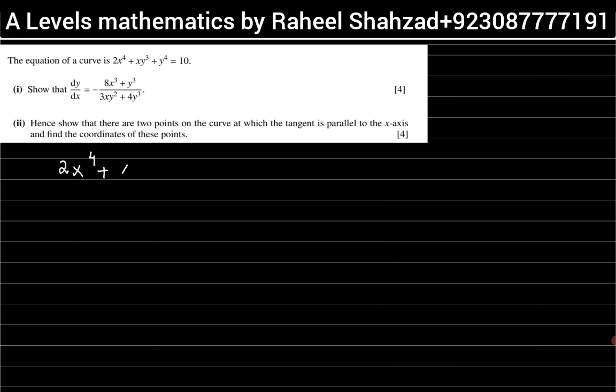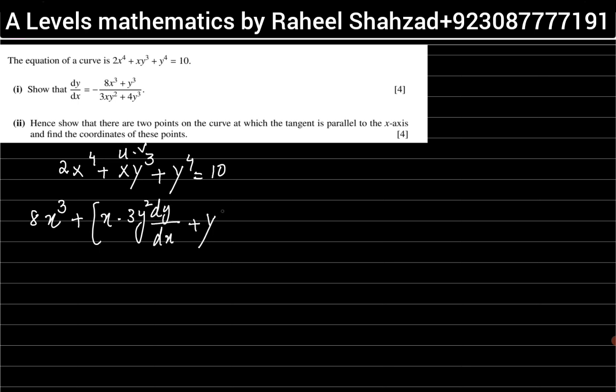2x4 plus xy cube plus y4 is equal to 10. Okay, now you differentiate it, that makes it 8x cube plus. Now we are going to apply the product rule here, u dot v. First function as it is, derivative of second, that makes it 3y square dy by dx, plus y cube, second as it is, derivative of first, and plus 4y cube dy by dx is equal to 0.